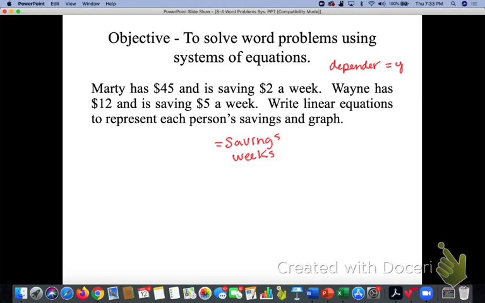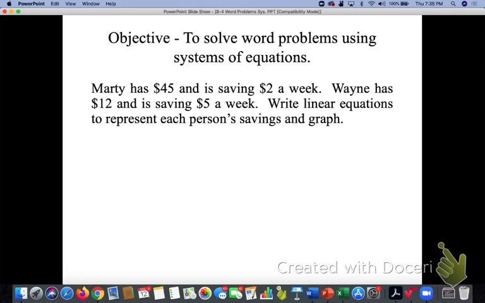If we go for 2 weeks, we only have a little savings. If we go for 4 weeks, we have more savings. So our savings is the depender. That means that is the Y, and the independent is the X. I always determine my independent by looking at the situation and trying to figure out what is the depender in that relationship. So now that we have that, we can write our equation.